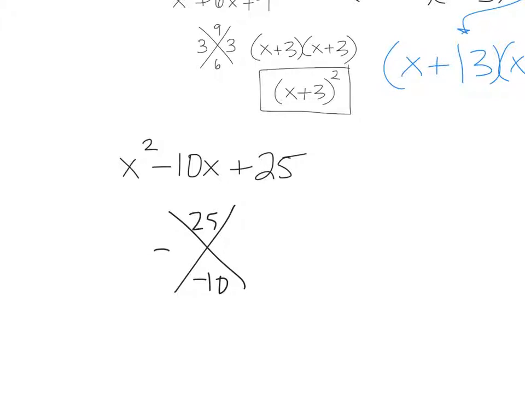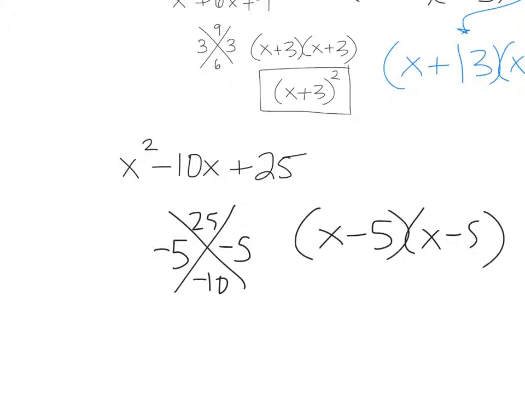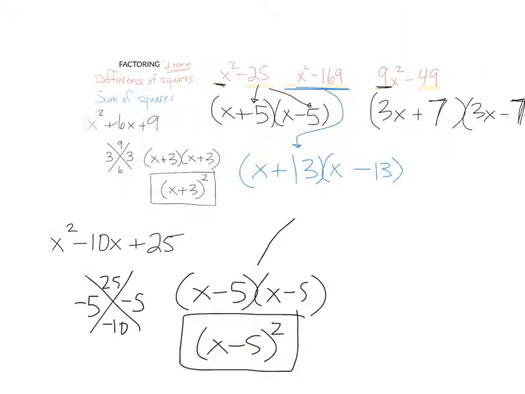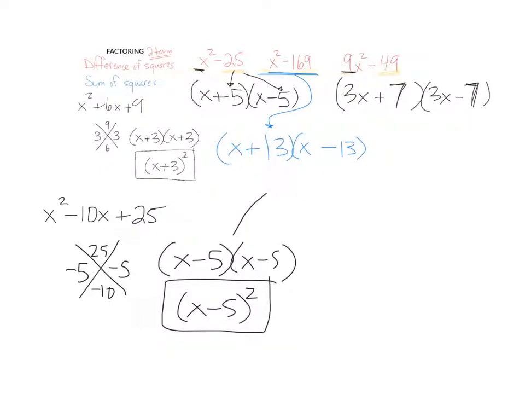In this case, it's negative 5 and negative 5, which factors to x minus 5 times x minus 5, which we write as x minus 5 squared. So sum of squares you can factor like normal quadratics do, but you write them as one factor squared. And difference of squares you write as an x plus the square root and an x minus the square root for those special factorizations.